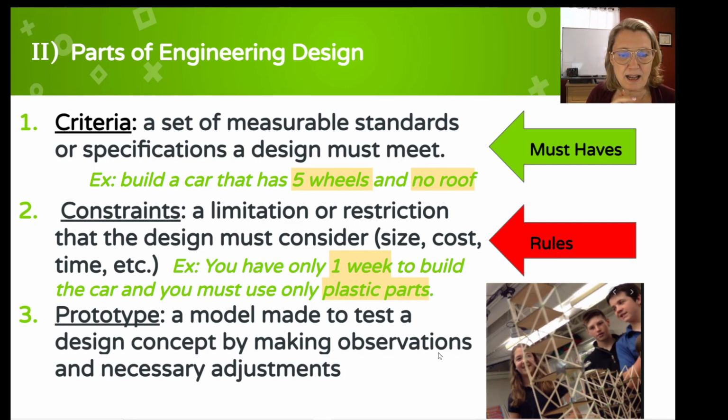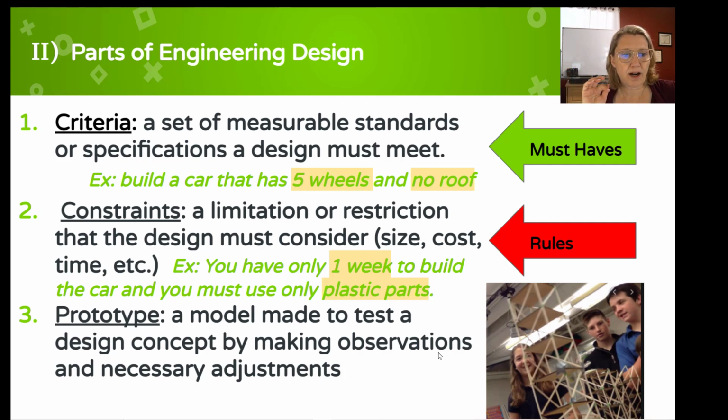Maybe you have to have this done within 6 months, right? Those are the constraints. Criteria is what it must have, and the constraints are the things that kind of limit you on what you are able to do. So you might have a constraint that says you have only 1 week to build the car and you must use only plastic parts. Those would be constraints.